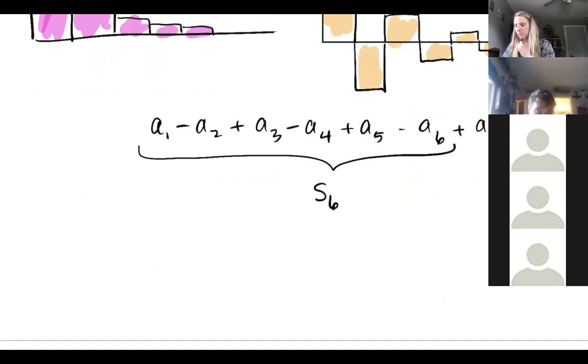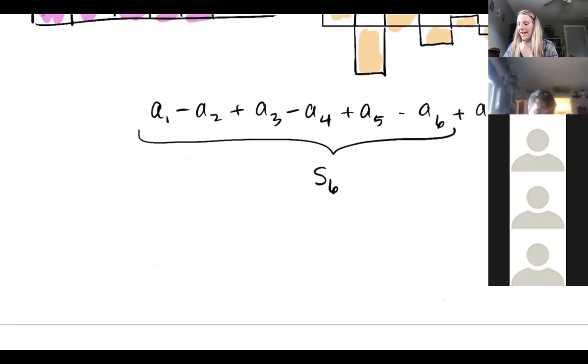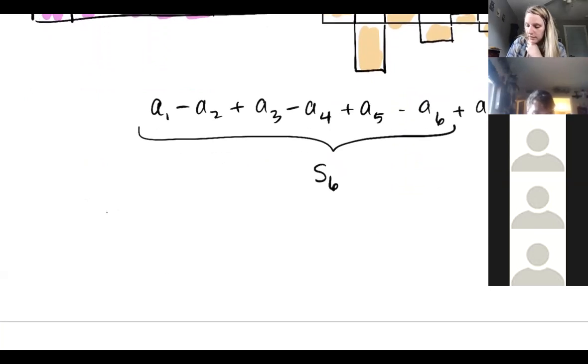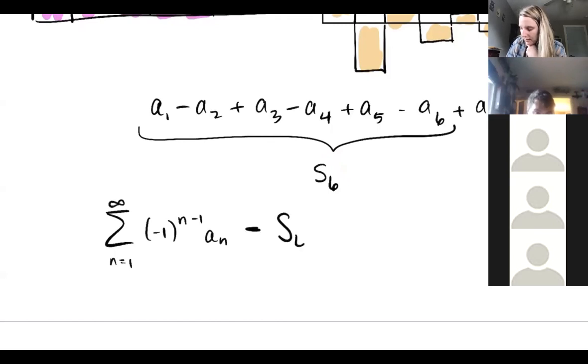The actual value of your alternating series minus that is going to be all of the terms that come afterwards. Does that make sense? So I've got the whole sum minus the first part of the sum, and that leaves me with the tail, everything that comes after.